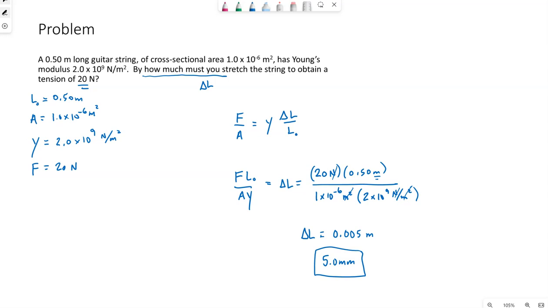And notice the units are newtons per meter squared for the Young's modulus, just like the stress. That's because the strain, the delta L over L, has no units.